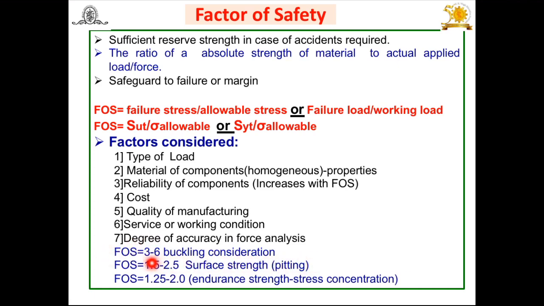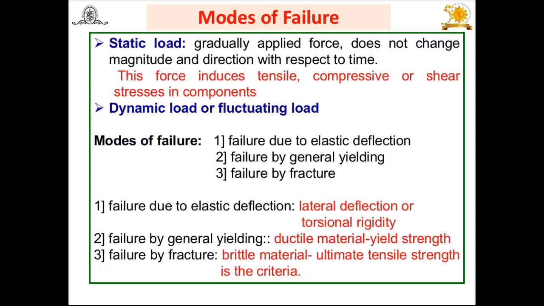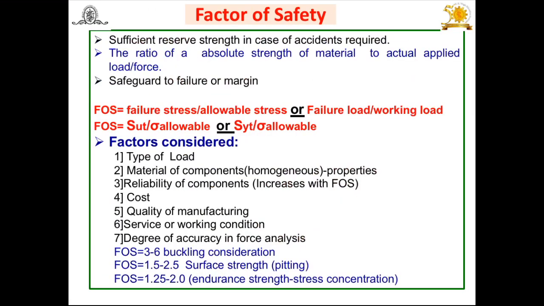Surface strength, pitting: in case of gears and cams, the value of FOS should be in the range of 1.5 to 2.5. Then another one is the endurance strength when subjected to fluctuating load conditions. Then the FOS range is 1.25 to 2, or depends on the different applications where human safety is an important consideration.